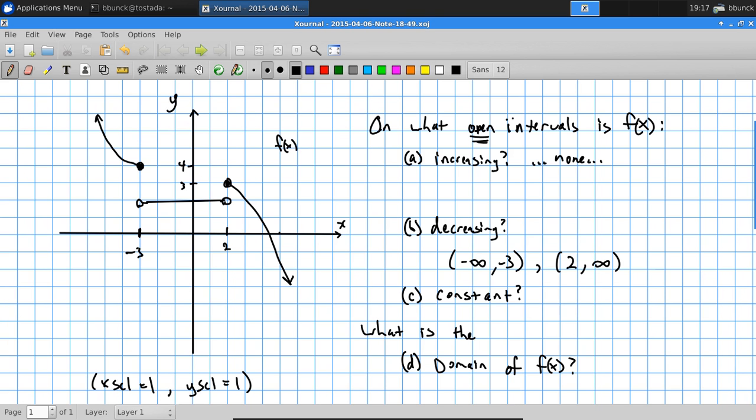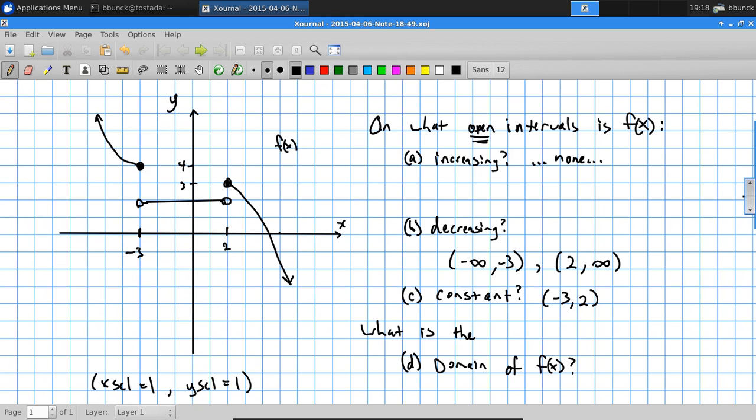So as we get to constant behavior, this function is constant from negative 3 to 2. As we look at the graph between those two values, we don't see it move up or down. So that would be one interval of constant behavior. Again, not including those endpoints because the graph's not constant at those endpoints. It's sort of changing behaviors.